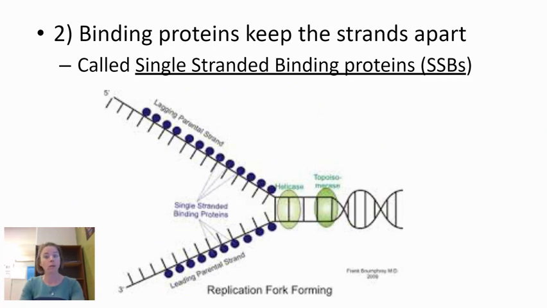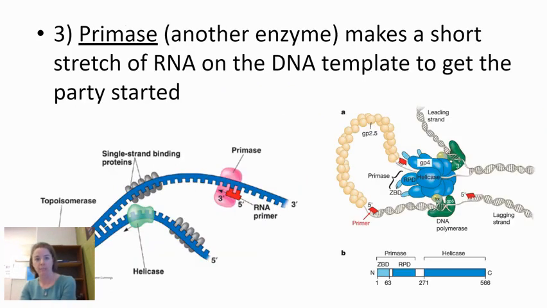And I don't know about you guys, but if you're trying to read the textbook and then your cat, mom, sister, annoying brother comes by and they keep closing the book, it's really hard to read and really hard to figure out what you need. So there are these little proteins that just stabilize that open after the helicase has come through. And so they're called single strand binding proteins.